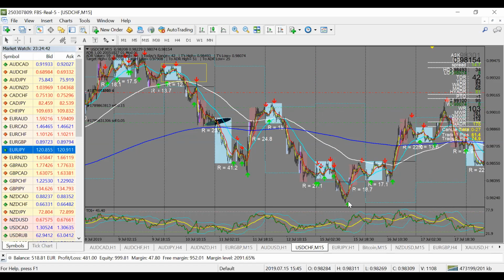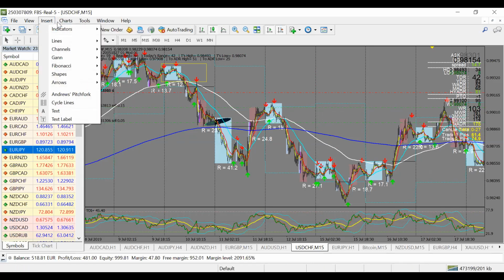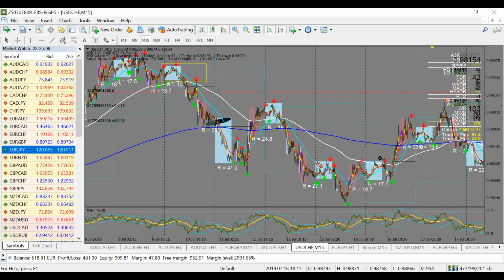So again, the only trick that the market maker has offers things that makes you doubt yourself, doubt your trade. So I'll draw something else here. I'll insert something else and I'll show you.